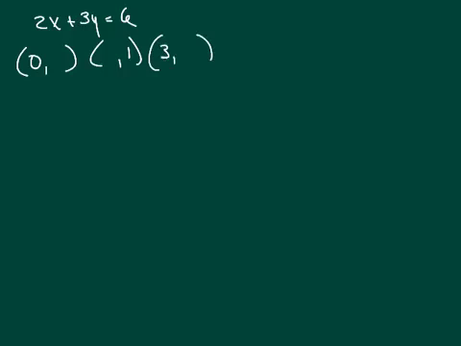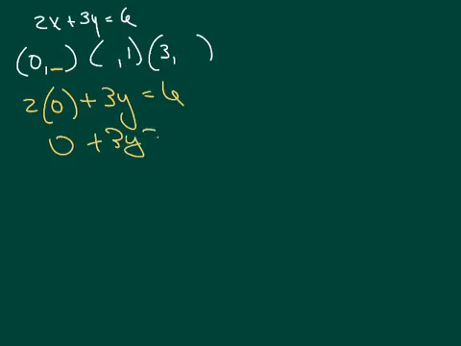So they're asking you to find out what the y value is if x is 0. So we put 2 times 0, 0 in for x, plus 3y equals 6, and we're just solving for y. So divide by 3, divide by 3, y equals 2. So when x is 0, y is 2.